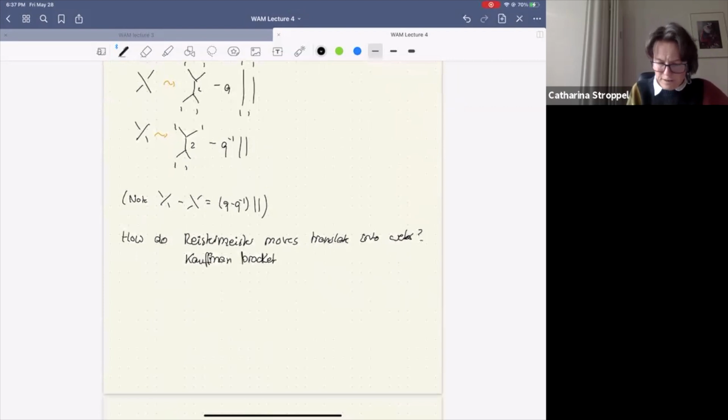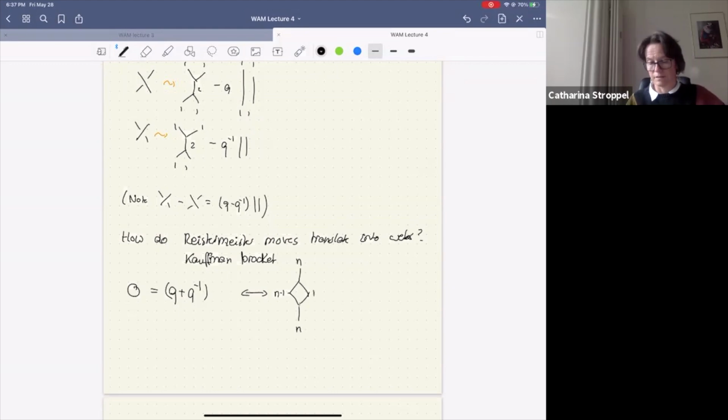So let's do the first thing. In the Kauffman bracket, we had this normalization: Q plus Q inverse is the value of an unknot. If I go to the webs, I put whatever orientation on it, and I would get such a diagram where I have n at the bottom, n at the top, and then let's just choose n minus 1 here, say, and 1 there. Or I have the other one here and minus 1 there.